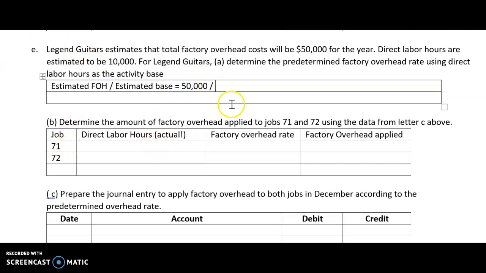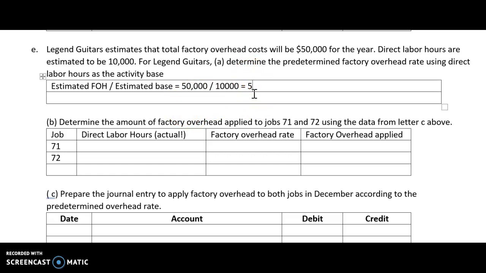Then our estimated direct labor hours, again, we don't know what the real ones are, so we're going to use our estimated, and here they are estimated as 10,000. So if we divide, our allocation rate is 5 that we're going to be using all throughout the year. We're going to use 5.